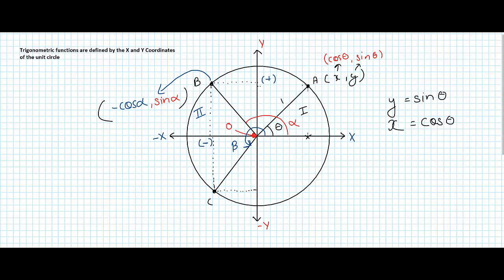So we can write the x and y coordinates of this point C as minus cos beta and minus sine beta, and this is the third quadrant. This is why we also say that both cos and sine are negative in the third quadrant.